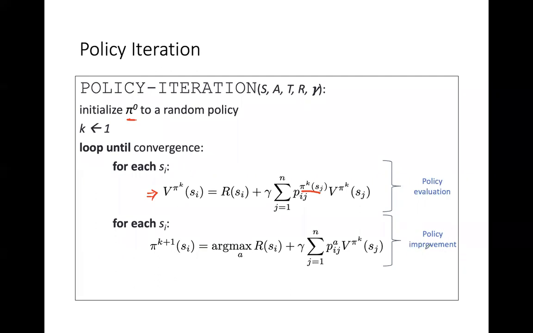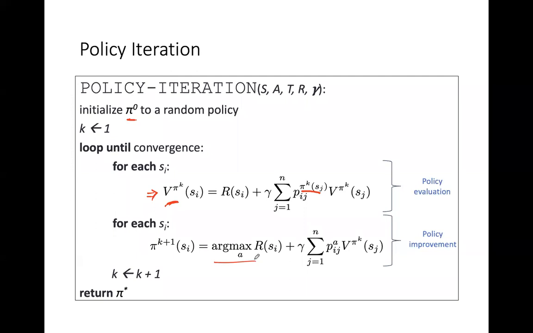In the policy improvement step, based on the current policy, I induce some value function, and then based on this value function, I'm now going to improve my policy. So we interleave this value function computation with the policy update, and we just do that for a while.